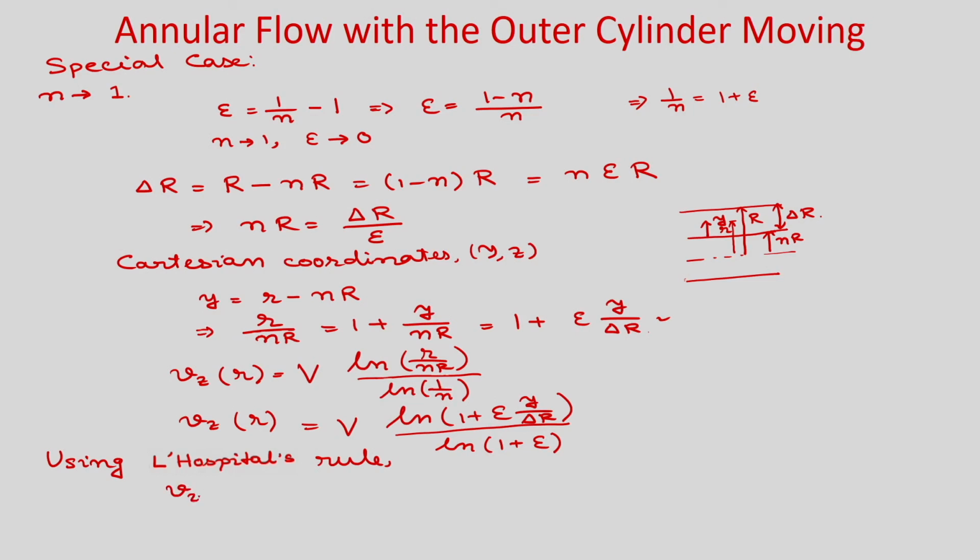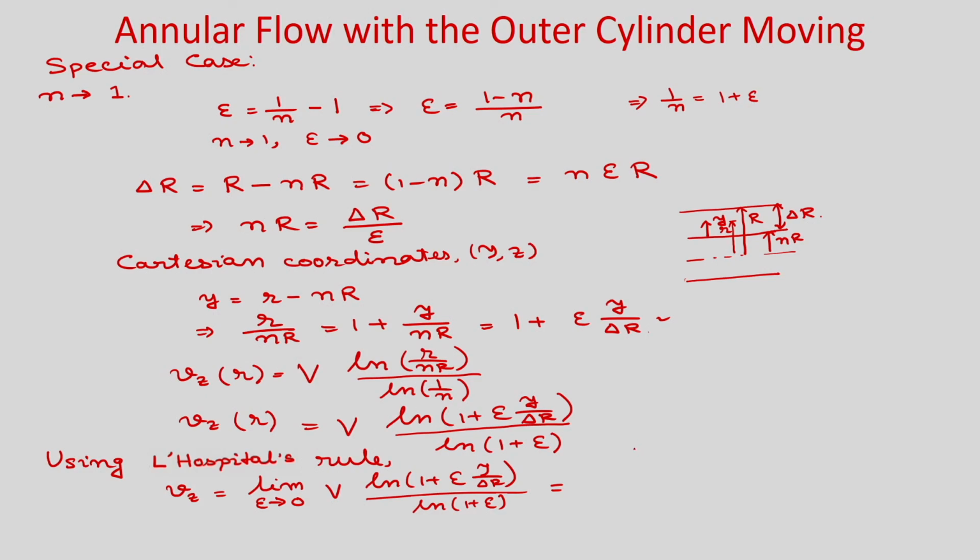Vz we can write as limit epsilon tends to 0 of v ln(1 plus epsilon y by delta r) divided by ln(1 plus epsilon). So, using L'Hopital's rule, you have to take the derivative of the denominator and numerator with respect to epsilon.